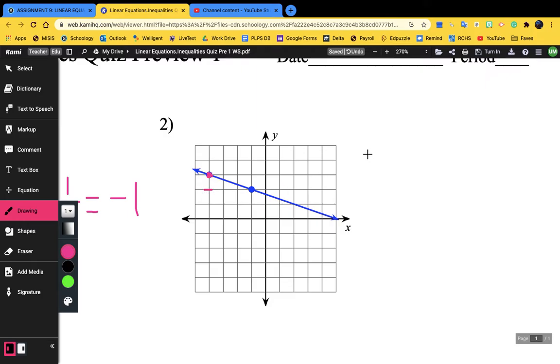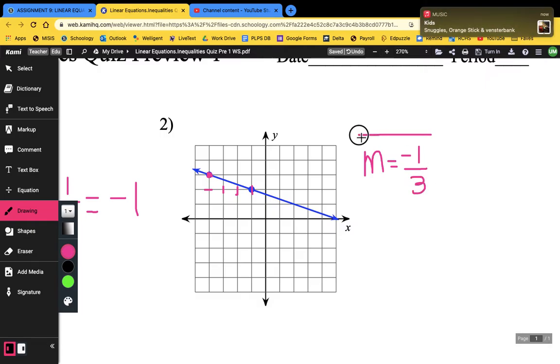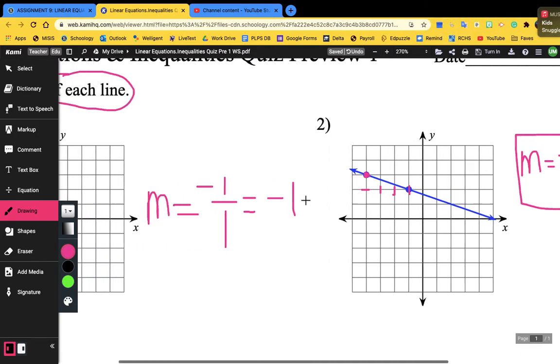Now, if I had gone up 1, then it would have been +1. From here to this blue point, I'm going to go 1, 2, 3 to the right. That means over 3, right? So my slope here, my m, is equal to -1 over 3.